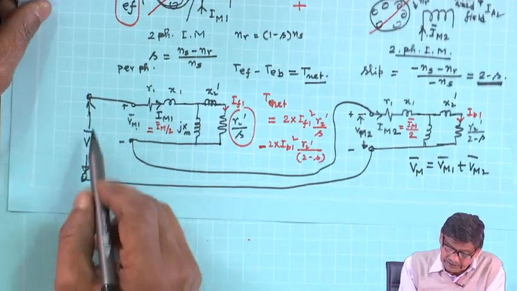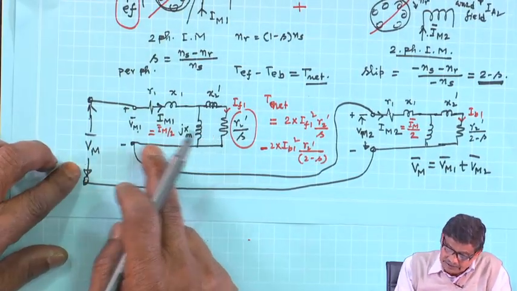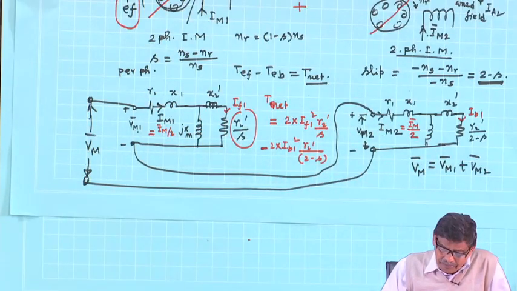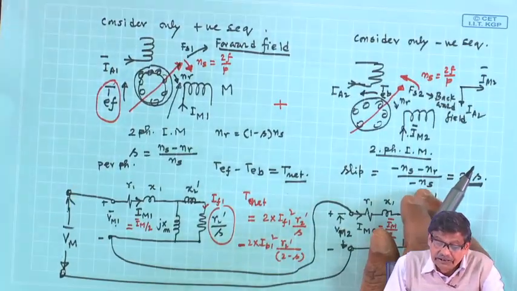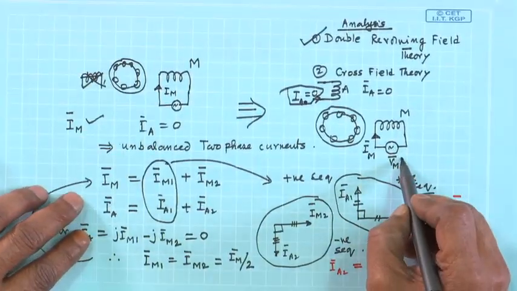Now, in this network it is all nice, you can live with this equivalent circuit. See, after all, what you have applied to the actual machine, what is at your disposal, is Vm and Im.